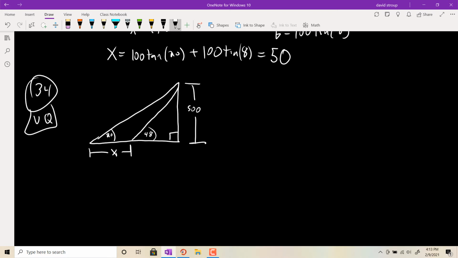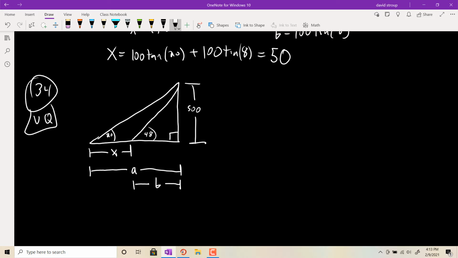Again, I'm going to cut it into two sub-problems, and my solution will be based on those sub-problems. I figure x is the difference between two lengths: x is this length minus this length. Those lengths are just the bases of these two right triangles, and I have a feeling I can figure those out just using tangents.